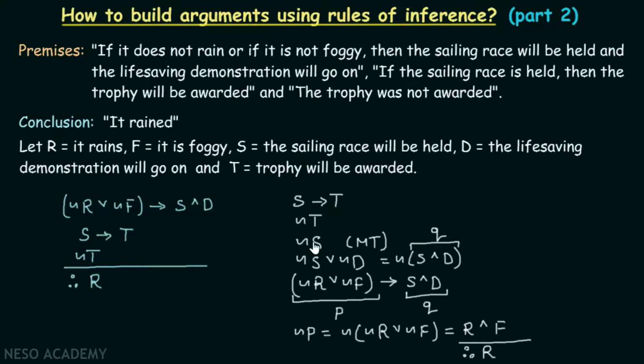From these premises, we concluded not S. Then we applied the addition rule to obtain not S or not D. It is already clear why we chose not D: we need to obtain not of S and D, which is equivalent to not Q if we let S and D be Q. After that, we chose this premise and applied the rule of modus tollens here, and finally obtained not R or not F, which is equivalent to R and F. By applying the simplification rule, we finally obtained the conclusion R, which is our desired conclusion. And hence we can say that this argument is a valid argument.